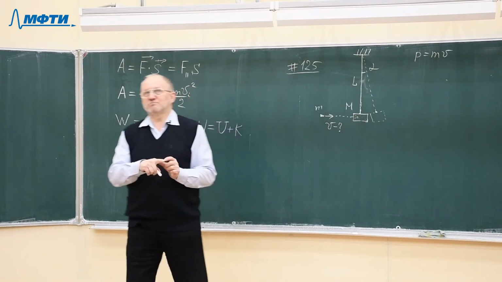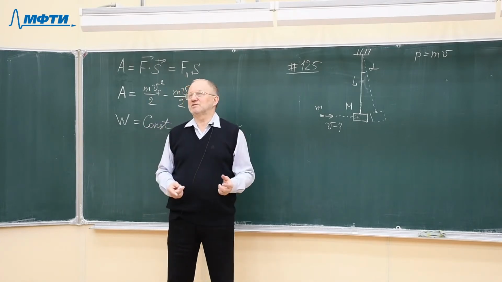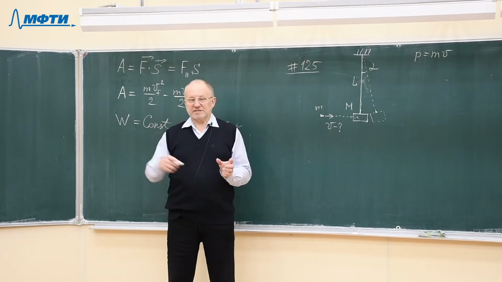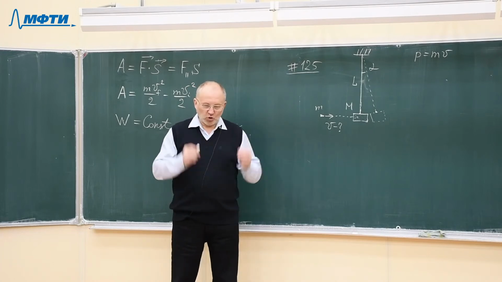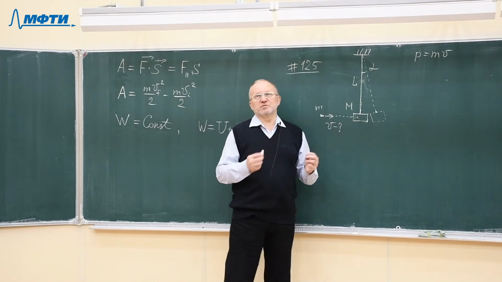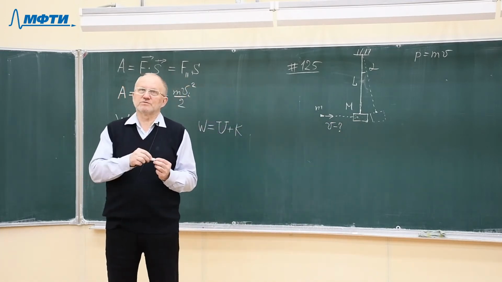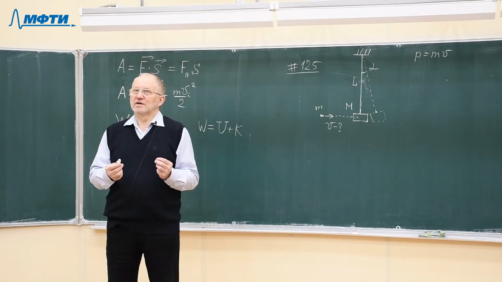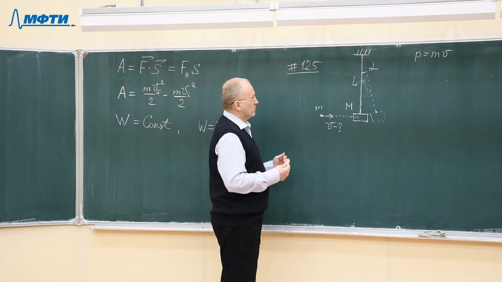If the bullet goes at the velocity of, say, about 1 kilometer per second, just approximately, and it's retarded and stops covering the distance of, say, 10 centimeters, then what time does it take for the bullet to be stopped? Less than 1 millisecond. Very small interval of time.